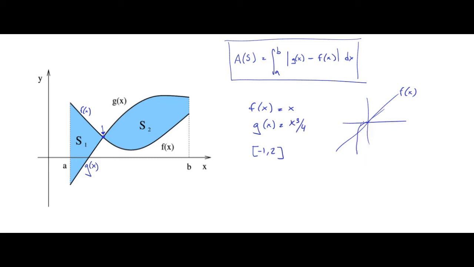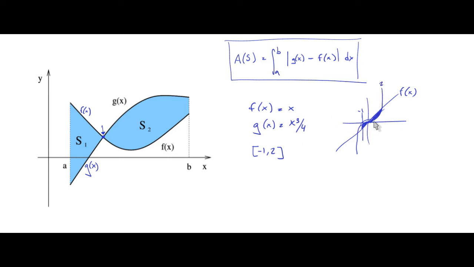So between minus 1 and 2 we have this and this. This is the area that we want. This is minus 1, this is 2.